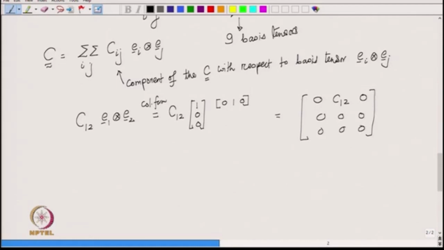All right. So, similarly, you have several other terms in this representation of tensor, and now you can see where C_ij is going. So, second order tensor, when you represent it in a coordinate system, you get a matrix. Okay.